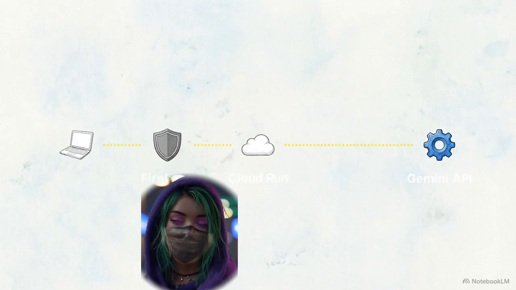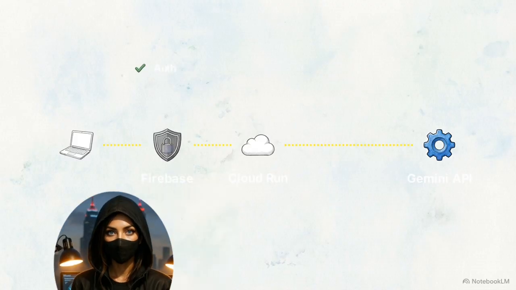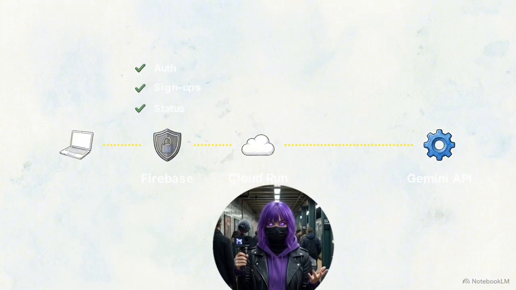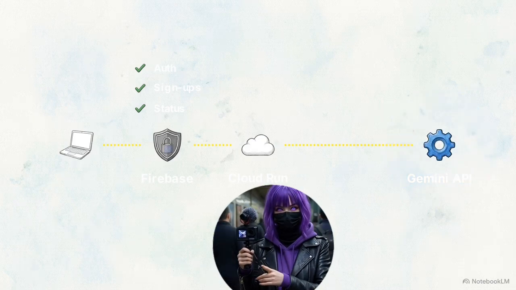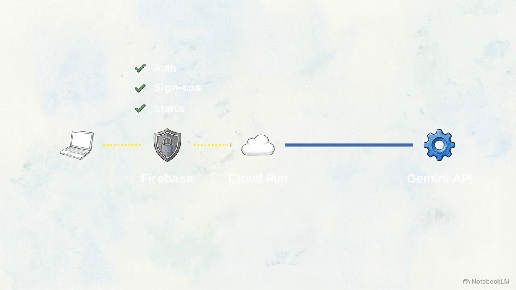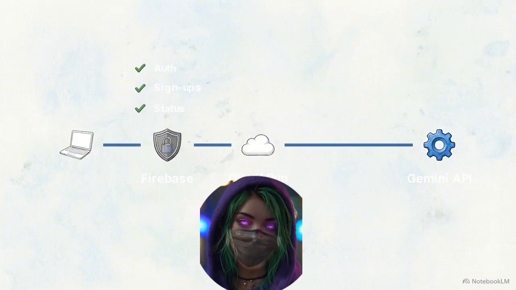Before that signal reaches the cloud, it passes through Firebase. Firebase is a back-end platform that securely intercepts the request to handle user authentication, manage signups, and verify the user's account status. Once the Gemini API generates the newsletter, the processed text travels back through this exact infrastructure, appearing instantly on the user's screen.